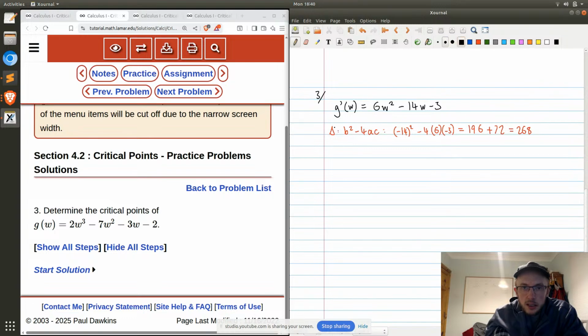All right. So we can use the quadratic formula. w equals 14 plus or minus root 268 all over 12, which is 14 plus or minus, that's 134. Then that turns into 67.